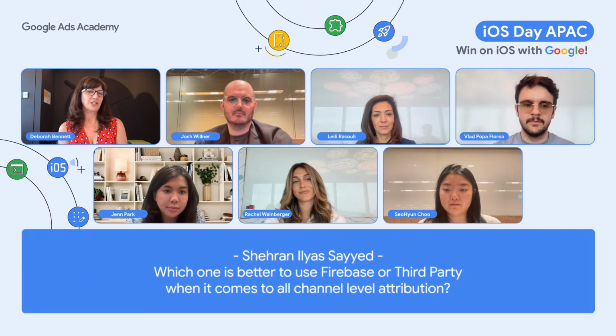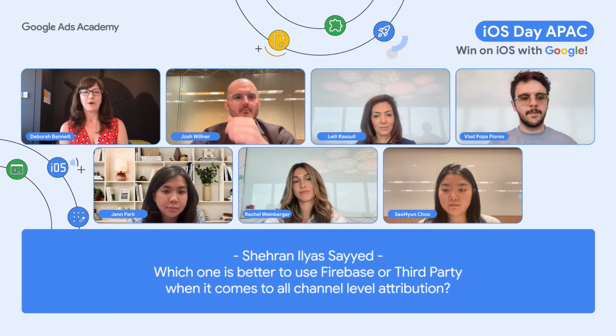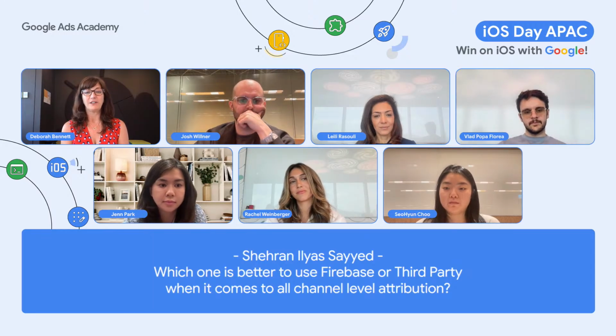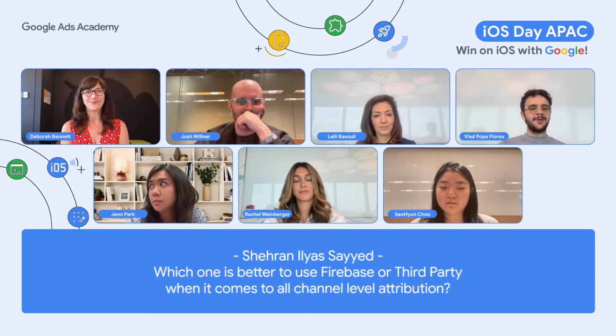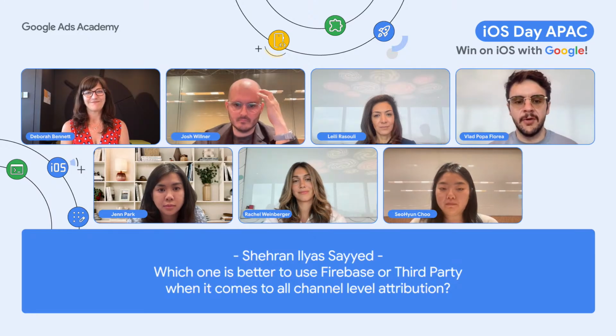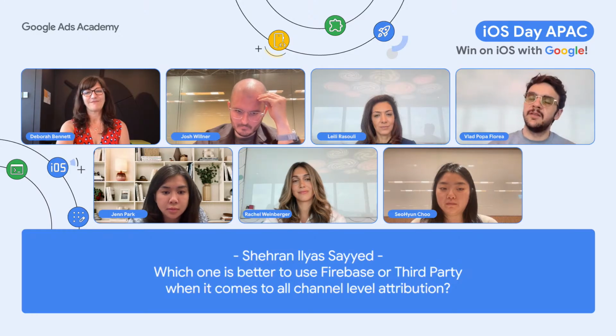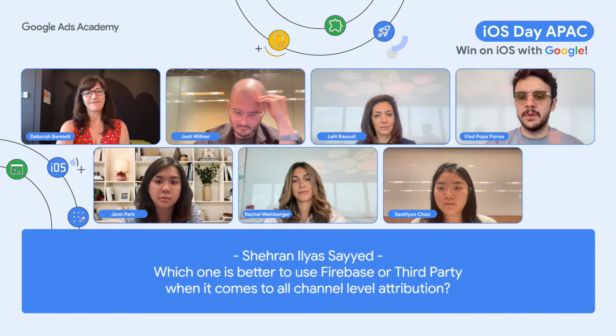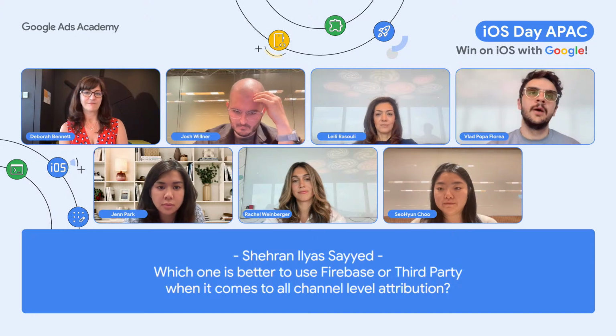Which one is better to use, Firebase or third parties when it comes to channel level attribution? Vlad, I think I can give this one over to you as well. Yeah, happy to take this one as well. I think this question has some nuances, so I'll try to see if I understand correctly, but please let us know. First of all, it's important to distinguish between campaign optimization and campaign measurement and attribution.